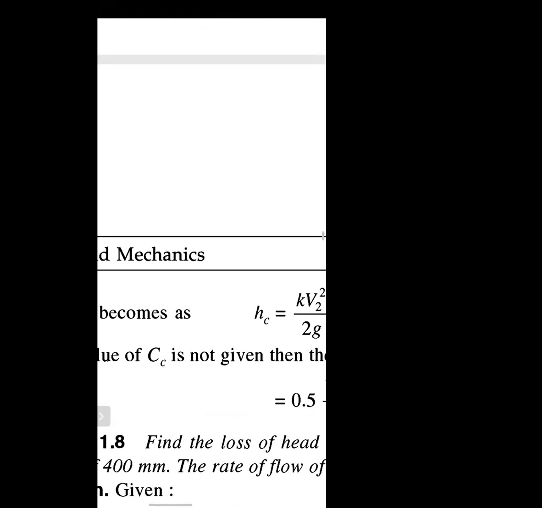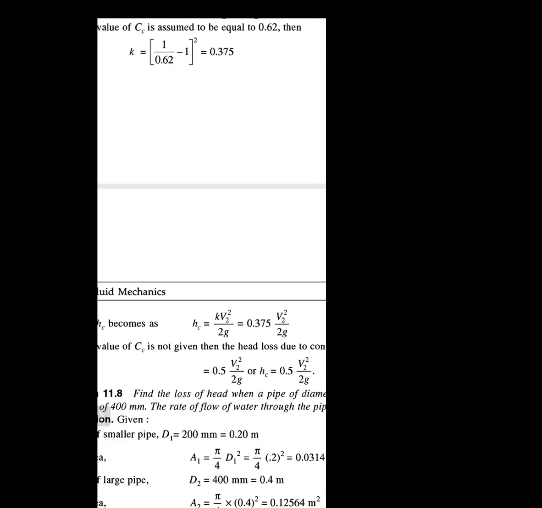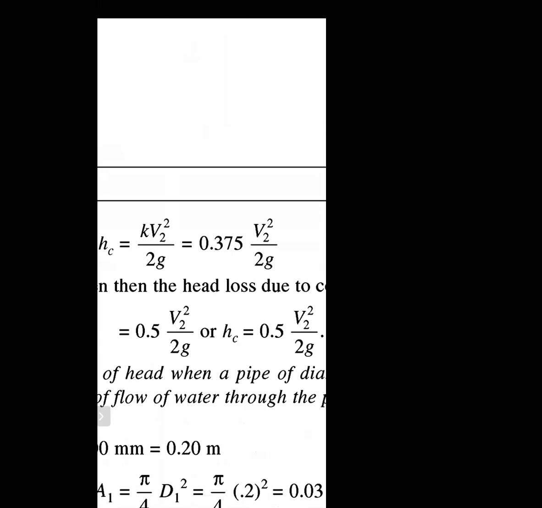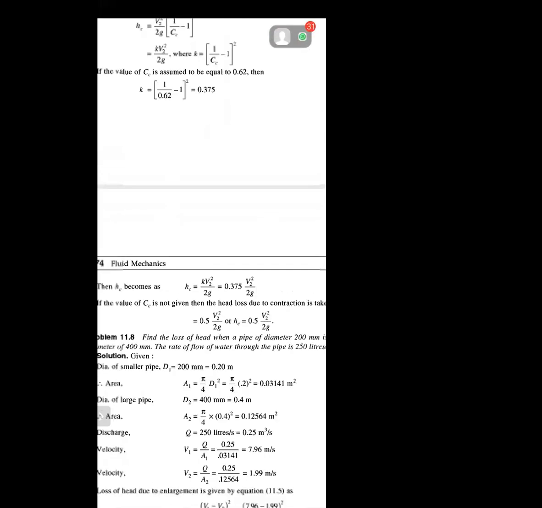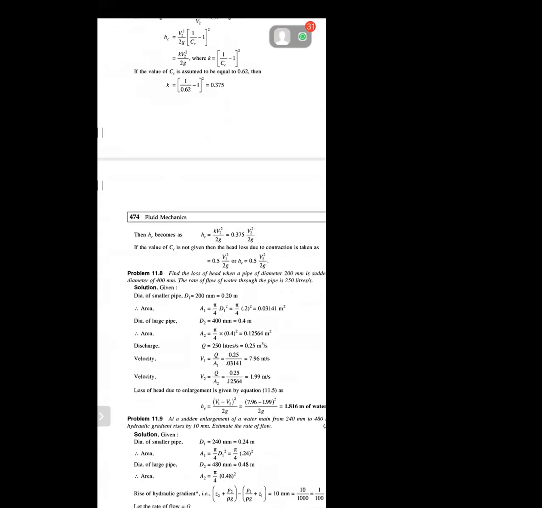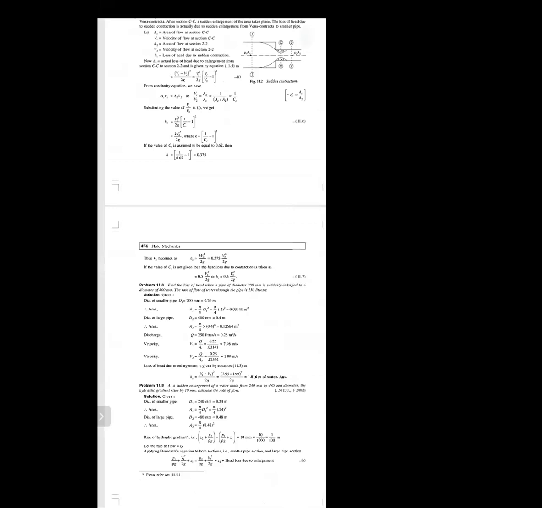And if Cc, the coefficient of contraction, is not given in your problem, then take the head loss due to contraction as 0.5 V2 square upon 2g. This is the second minor loss through pipe.